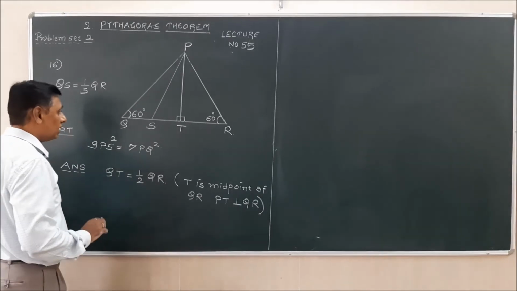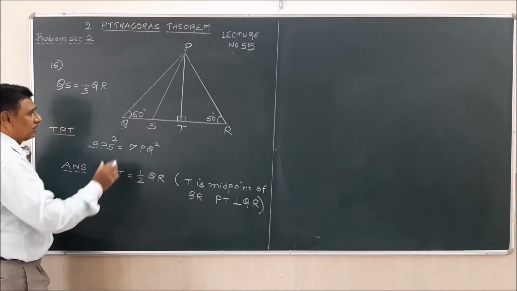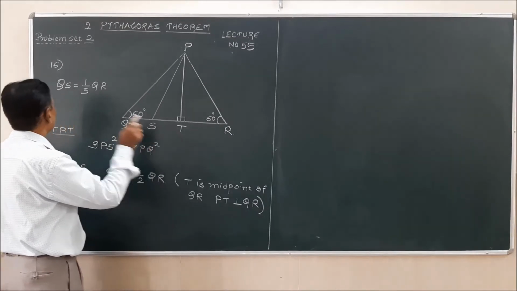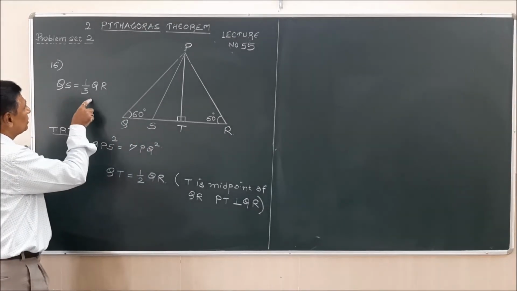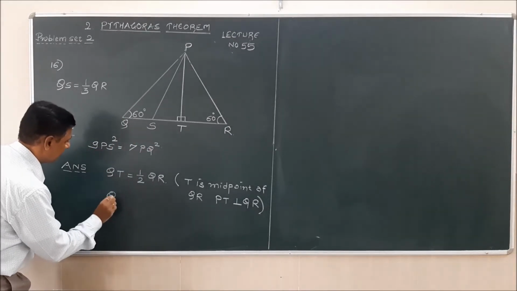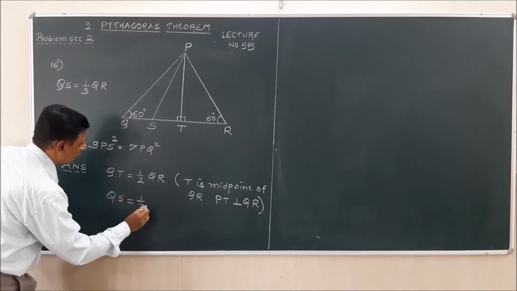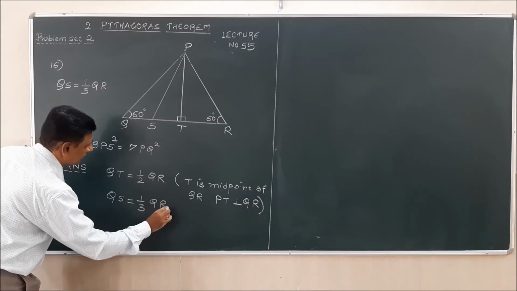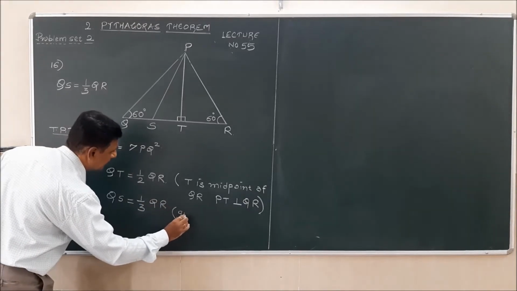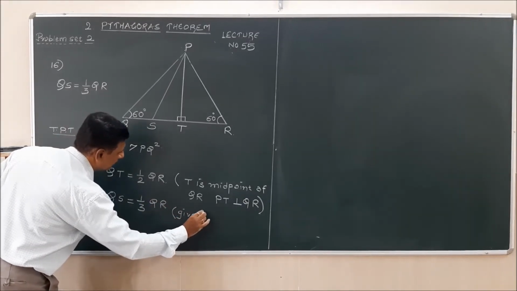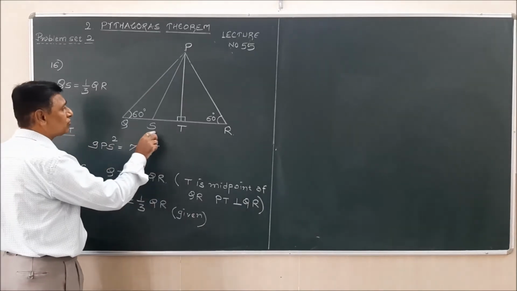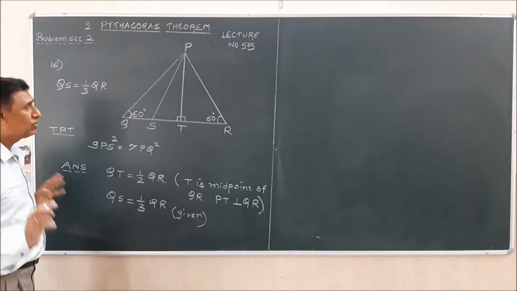Now, QT is equal to half QR. QS is equal to 1/3 QR. Very important, this is given. And my aim is to find out ST. Why find ST?